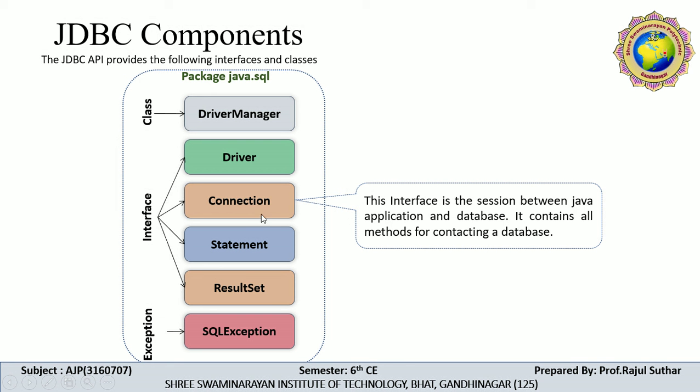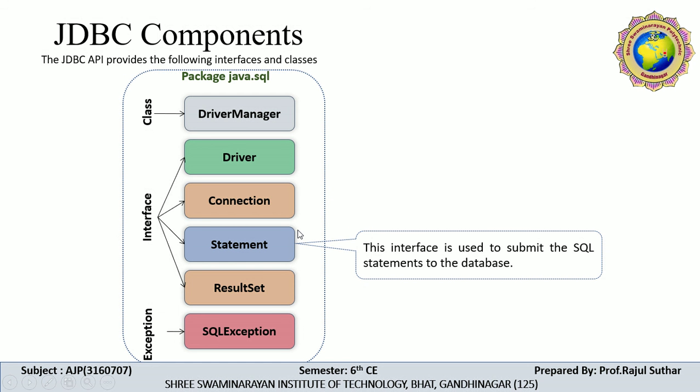Let me discuss the next component of JDBC, that is Statement. You use the object created from this interface to submit the SQL statement. We are already familiar with SQL statements, like SQL queries. We covered data definition language, data manipulation language, and data control language.